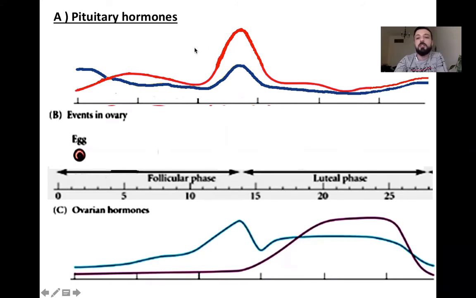Try to analyze the graph and tell me what the first blue is. FSH. Very good. The blue is FSH, and the red is LH. Excellent. Here we're discussing the cycle over 28 days, starting from day 0 till day 28.